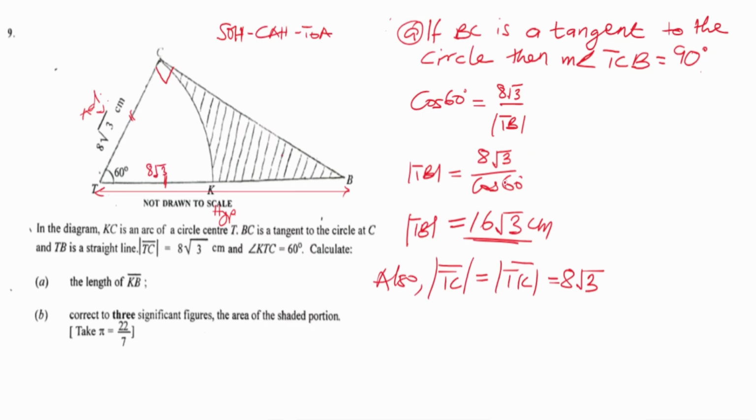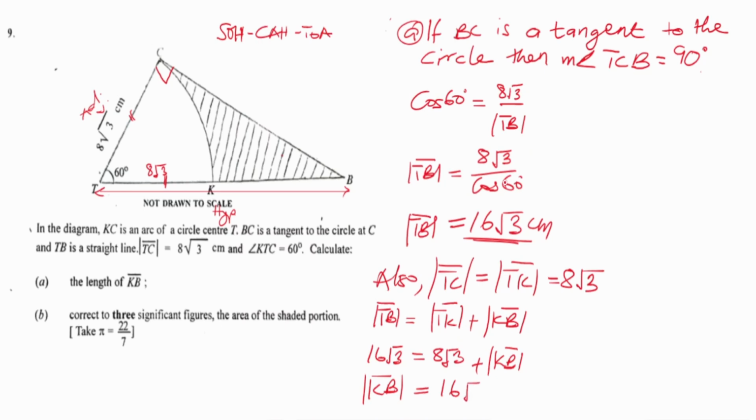That means the length TB is equal to the length TK plus KB. We know TB to be 16√3 and TK to be 8√3. So KB, which we are solving for, will be 16√3 minus 8√3. Just by using the basic idea of surds, that will be 8√3 centimeters.